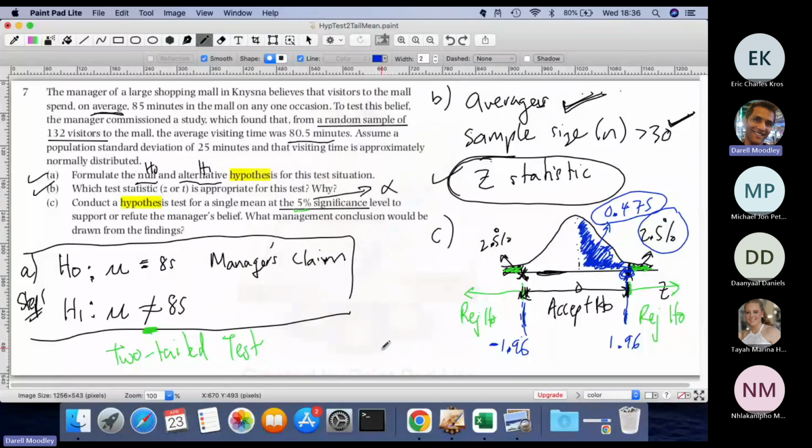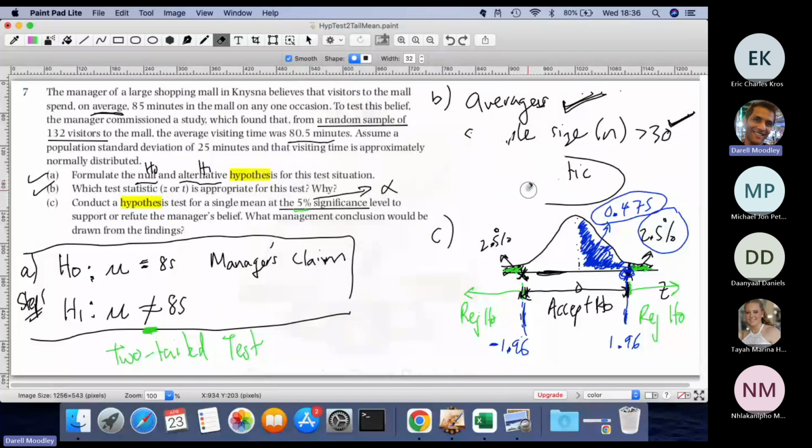Now, step 3 is to work out what the test statistic is and check where it falls in this region. To work out the test statistic, it's actually very easy. Let me just make some space on this board. Remember we're doing the Z statistic, and the formula for hypothesis testing is what we did last week.